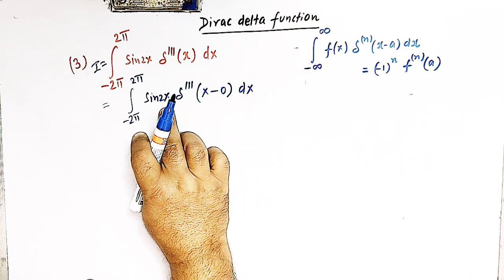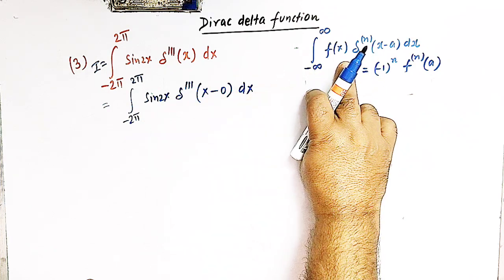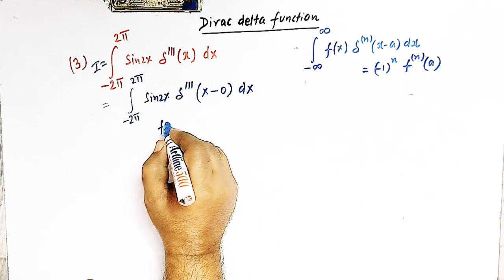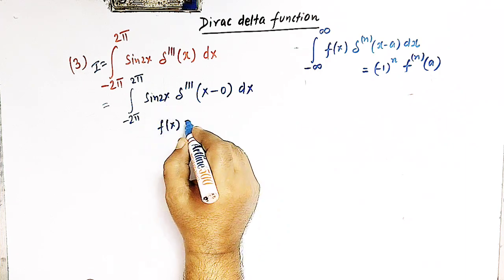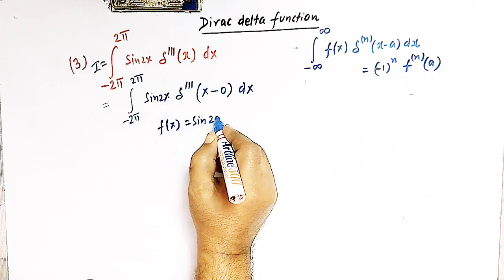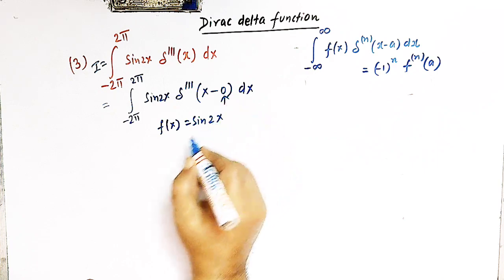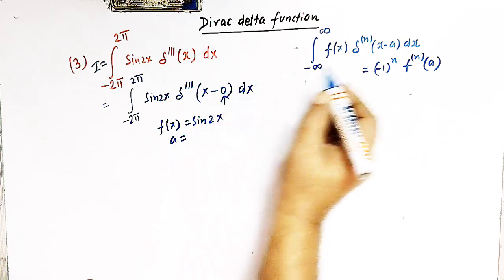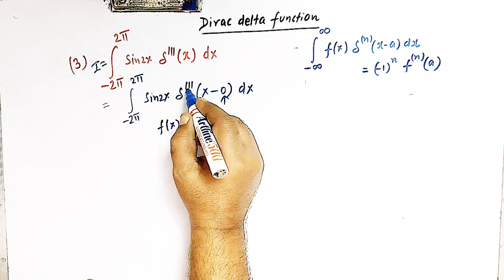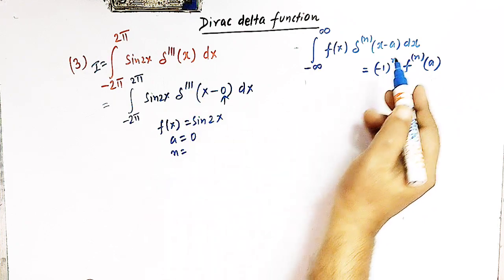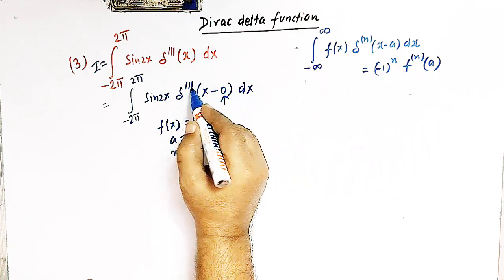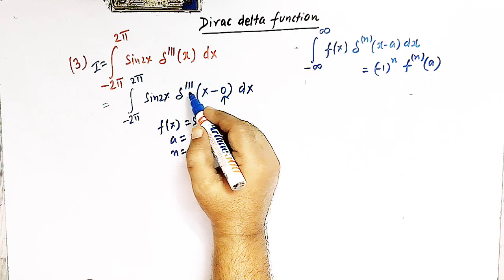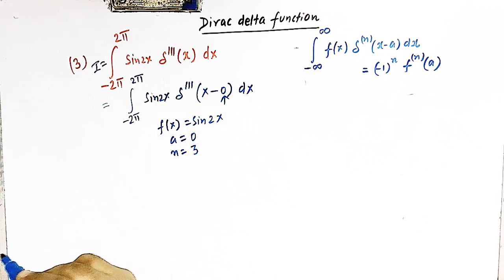So now if we compare this integral with this one, then f of x is given by sine 2x, and the value of a is equal to 0, and here the value of n, that is the order of the derivative, is 3, because the third derivative is involved, right?